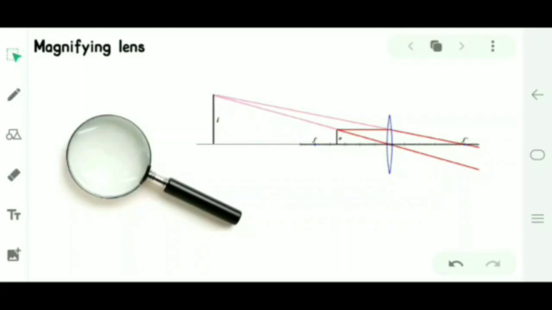That's why the image will be virtual, and here you can see it will be enlarged. So when we use the magnifying lens on the letters written in a copy, when it is very near to the magnifying lens and slightly lifted up, we can see an enlarged image of the letter, and that is the logic behind it. Yes, so this is the use of the magnifying lens and the concept behind it.